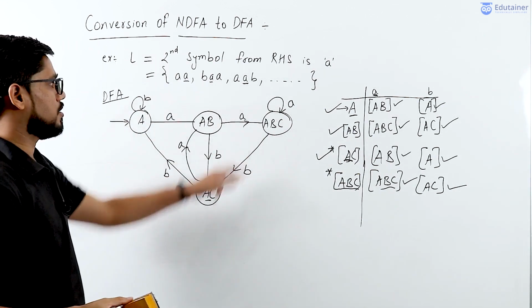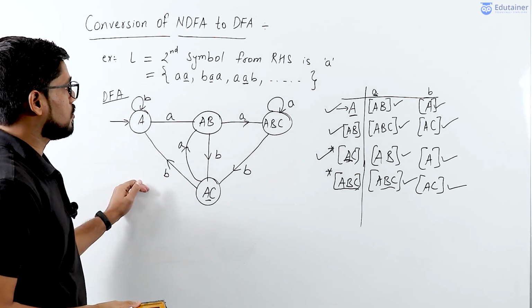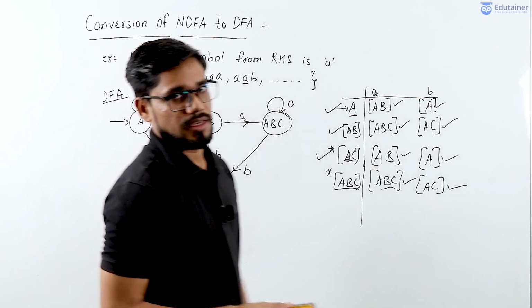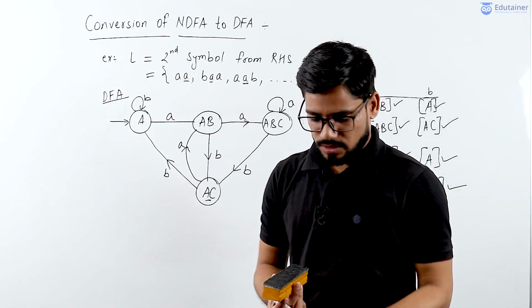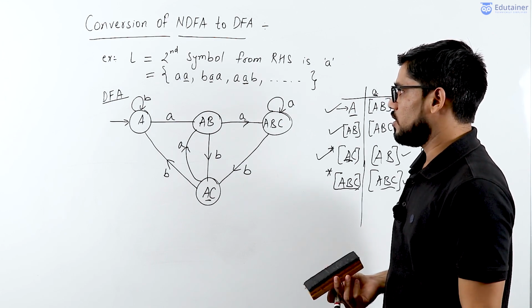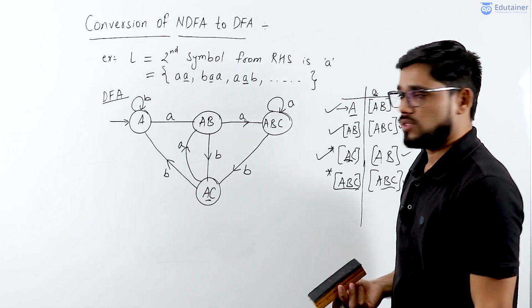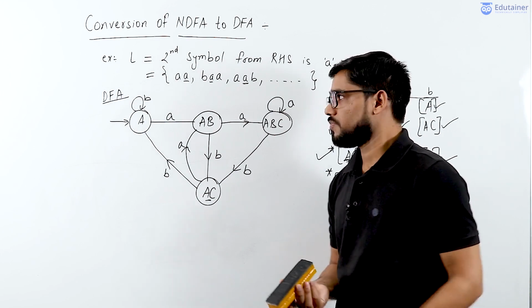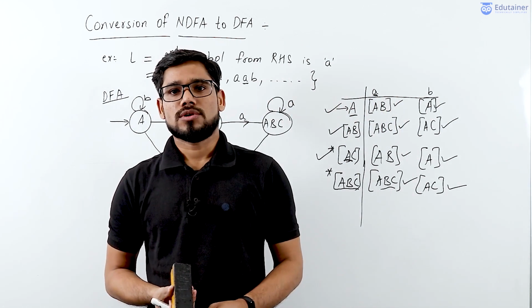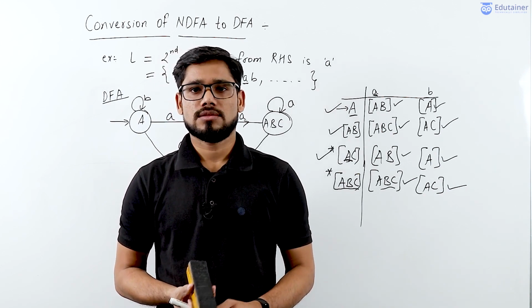So this is the final transition diagram for the language in which the second symbol from the right-hand side is A. You should be very careful while drawing the transition table as well as the transition diagram using the subset construction method. In the next video we will see a new concept in TOC.